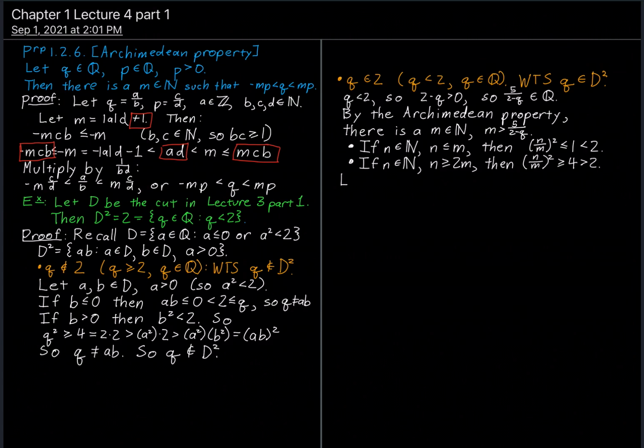Now what we're going to do is let n be such that n over m squared is less than 2, but n plus 1 over m squared is not less than 2, is greater than or equal to 2, but we know n plus 1 over m squared cannot equal 2, so it's going to be strictly greater than 2.